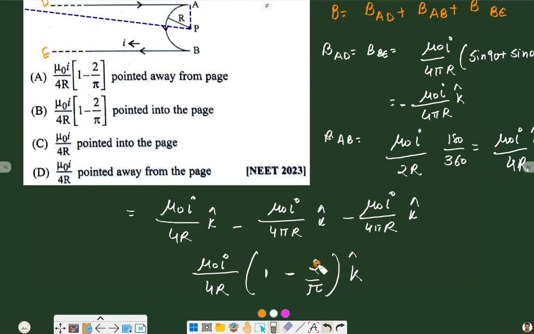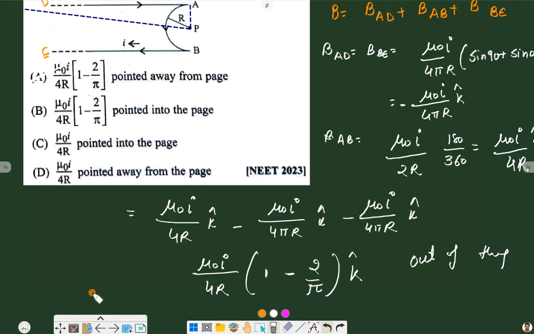And we know that 2 by pi is 2 by 3.14, which means the denominator is bigger, and if the denominator is bigger, then the whole ratio is smaller than 1, so 1 minus something smaller than 1 will be positive. So the total field will be out of the page, pointing away from the page. Option A will be the right answer here.